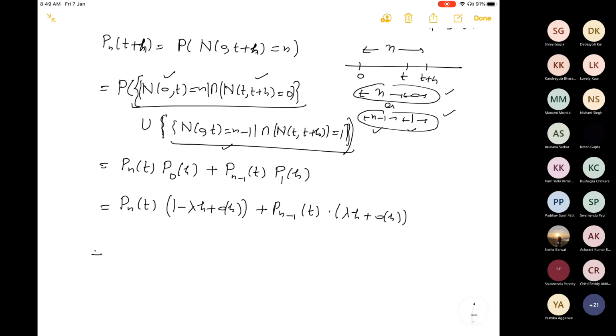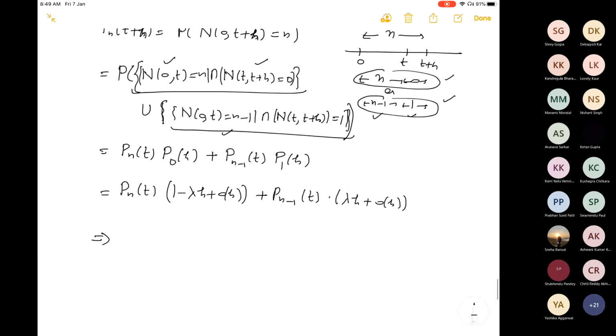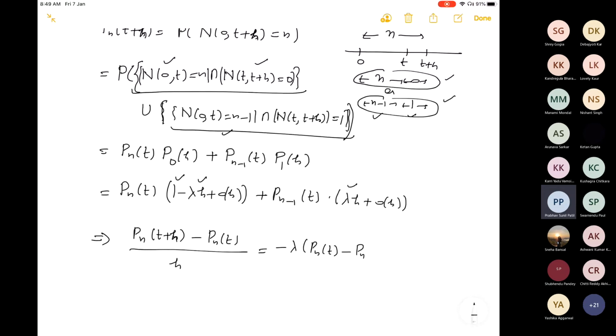So from here we will get Pn of T plus H minus Pn T, this quantity, divided by H. And therefore, what we will get, this remaining quantity is minus lambda Pn T, this quantity, plus lambda Pn minus 1 T upon H. H and H will cancel out.